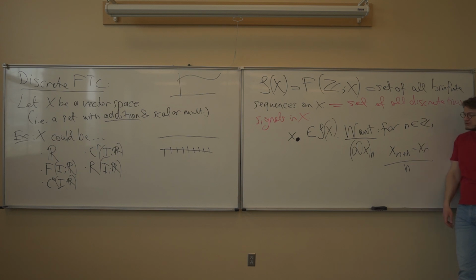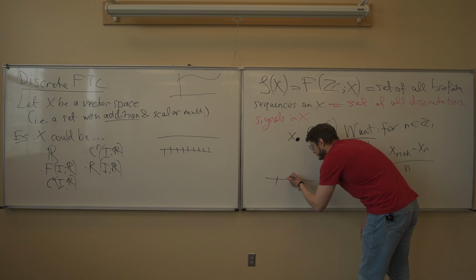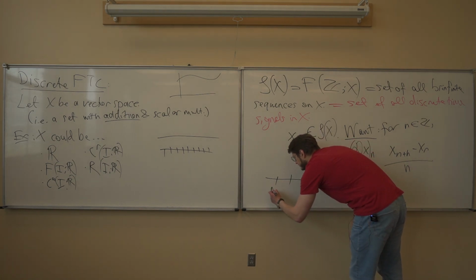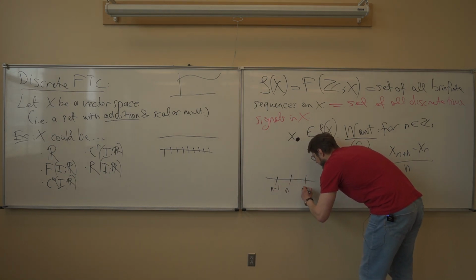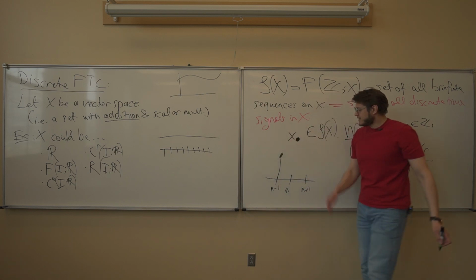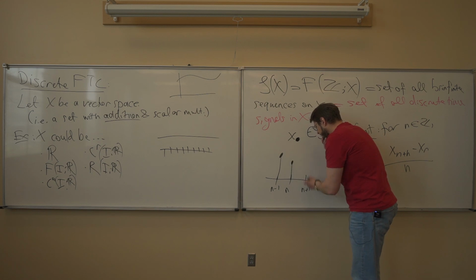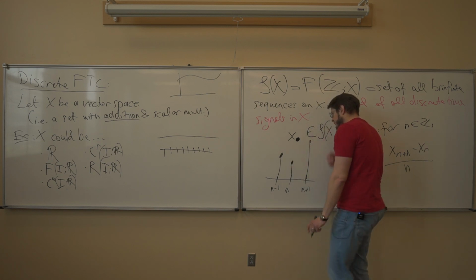But you can try the next best thing. Here is n minus 1, n plus 1. The height is x sub n minus 1, and this is x sub n, and somewhere here is x sub n plus 1.